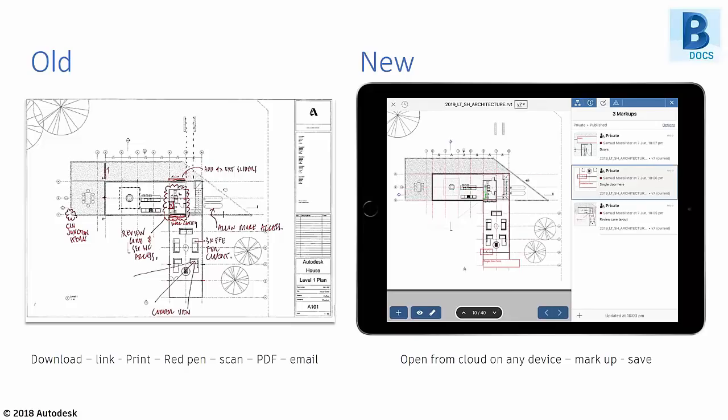So there's none of this having to download, link, print, red pen, scan, PDF, and email it out to other people. You can just open it up on your mobile device, mark it up, save it, and those people get instant email notifications of the changes or requests for further information.